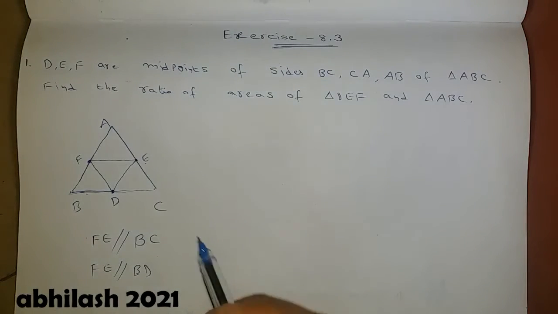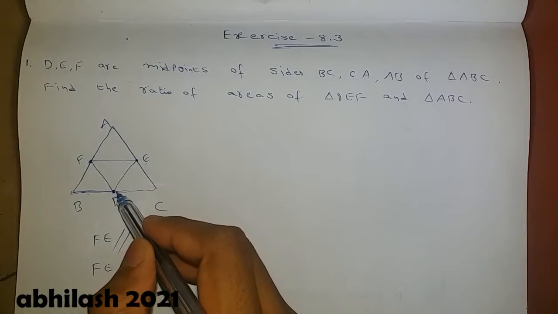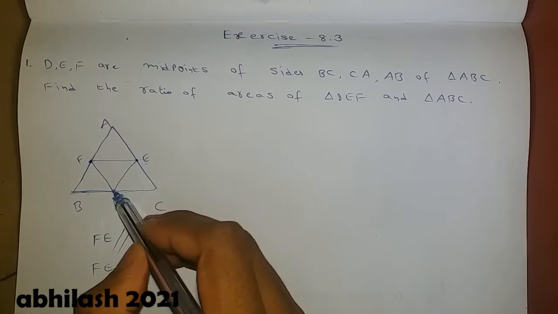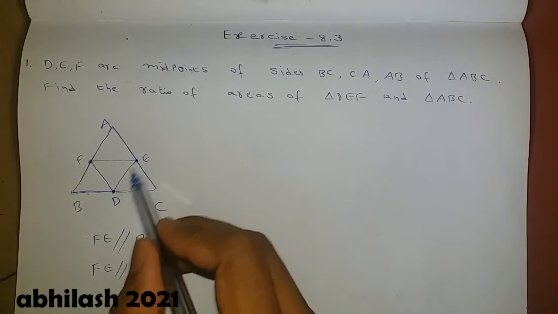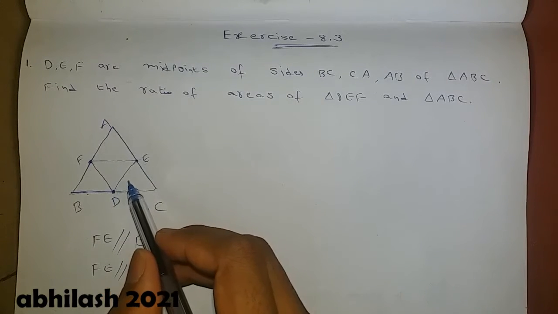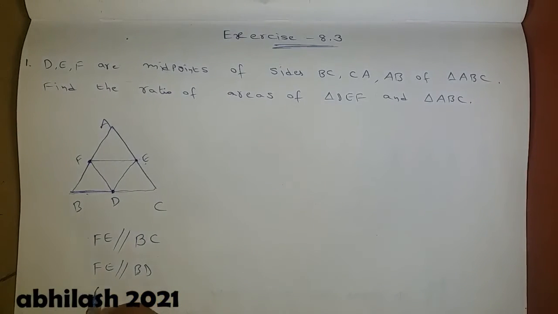Next, E and D are also both midpoints. Now ED is joining those two midpoints, so it will be parallel to the third side AB. It means ED is parallel to AB.